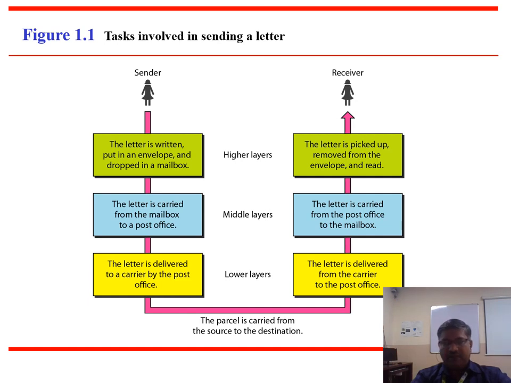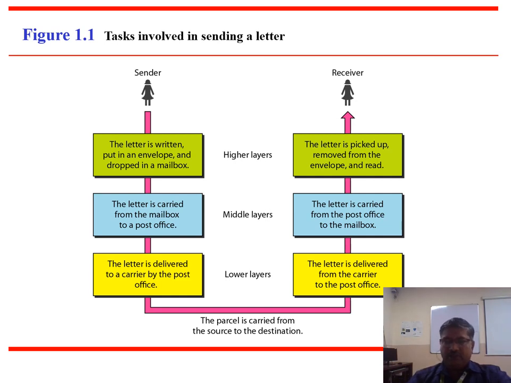After the steps on the sender side are completed, the steps begin on the receiver side. The letter is delivered from the carrier to the post office, then carried from the post office to the mailbox, and then the letter is picked up, removed from the envelope, and read. These are all the processes involved in sending and receiving a letter through the post office.